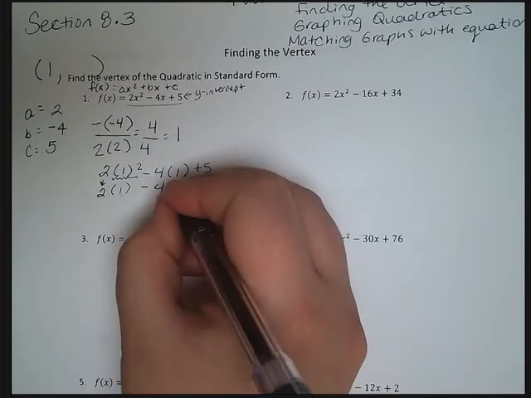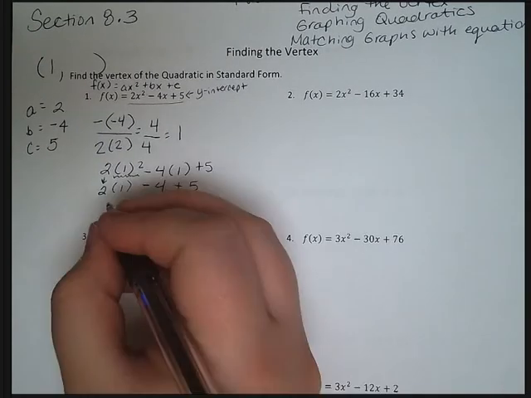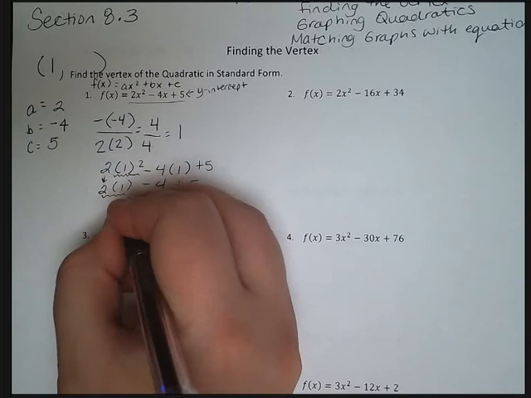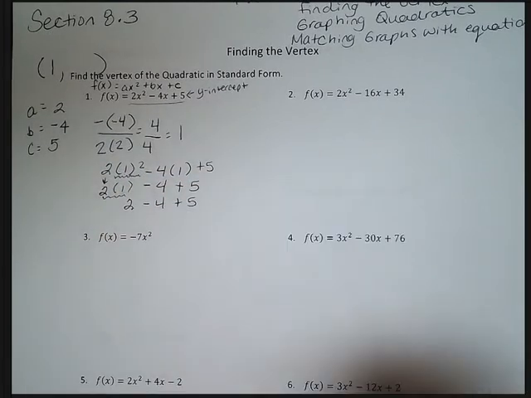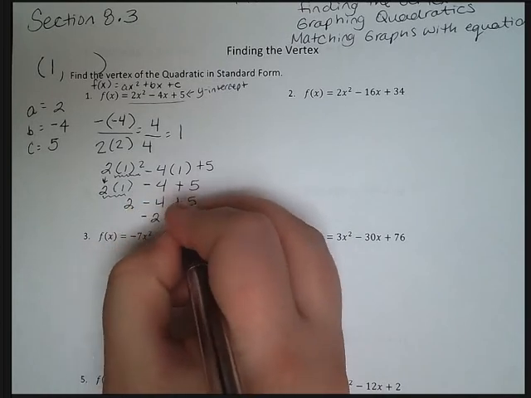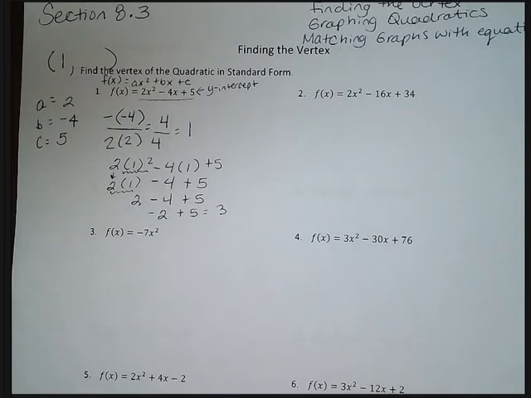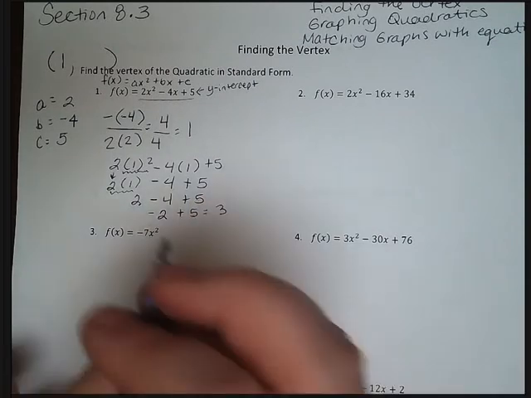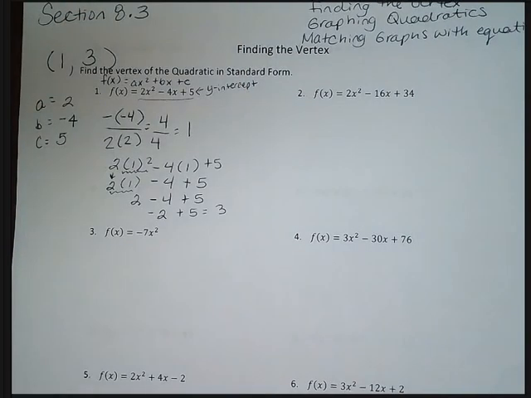And then we're going to bring down that plus 5. 2 times 1 is 2. Bring everything else down. 2 minus 4 is negative 2. And then negative 2 plus 5 is 3. So our ordered pair for number 1 is going to be 1, 3.